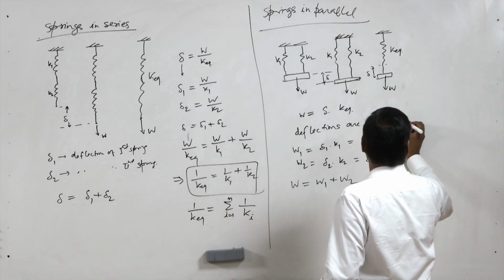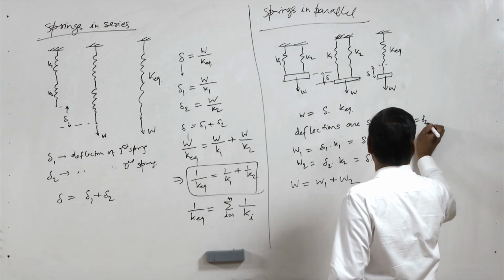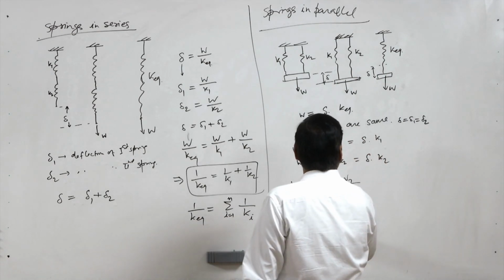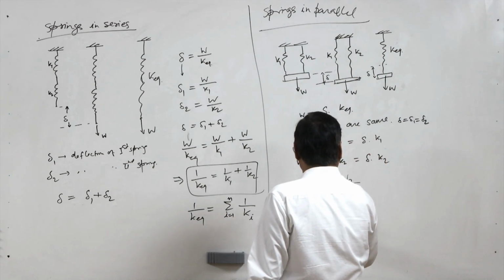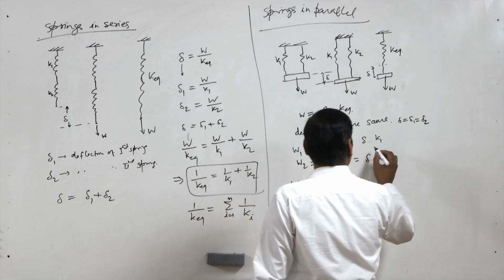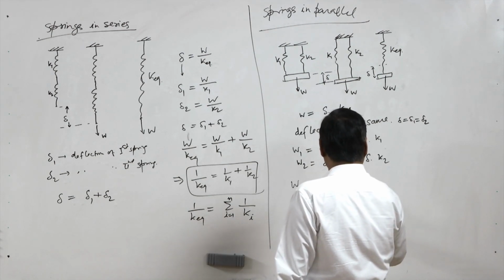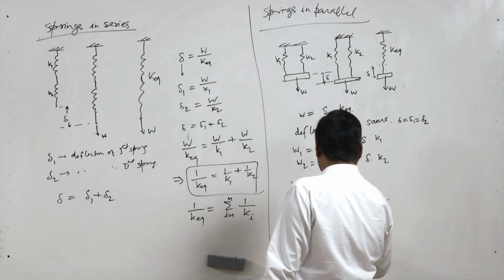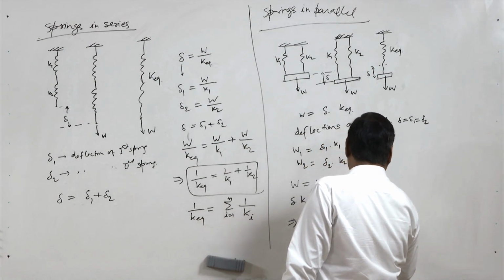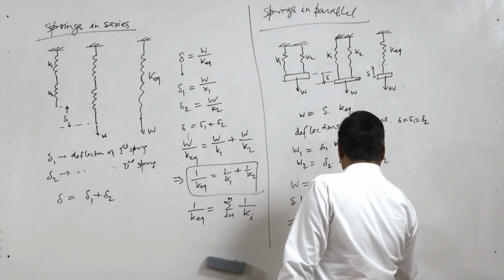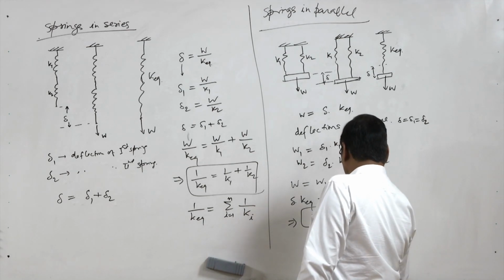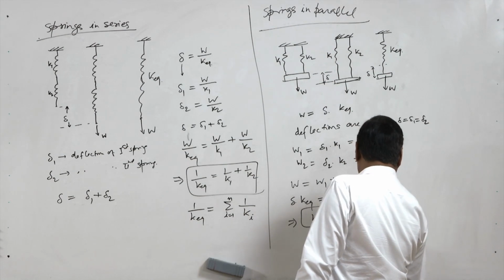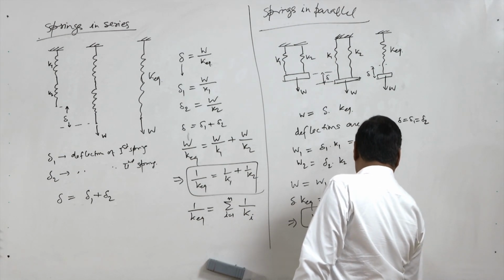As delta equals delta 1 equals delta 2, W is delta into K equivalent, W1 equals delta into K1, and W2 equals delta into K2. So this implies that K equivalent equals K1 plus K2. For n springs it is sigma Ki, i equal to 1 to n.